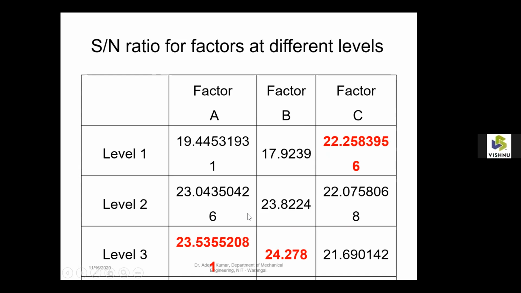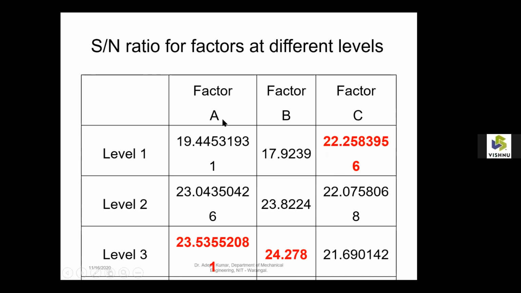this is a maximization problem. My MRR is a maximization. So wherever the value is maximum for a particular level, that you should consider. For example, for factor A, the maximum value is at level 3, that is 23.53. Maximum at factor B is 24.27, and maximum at factor C is 22.25.